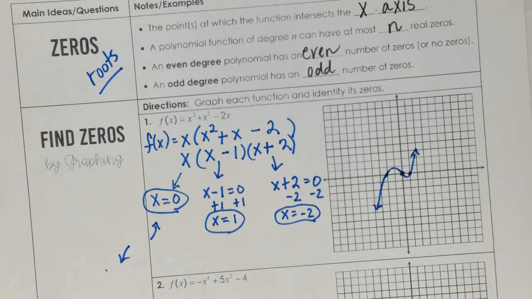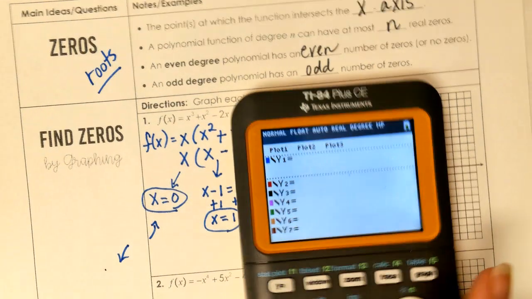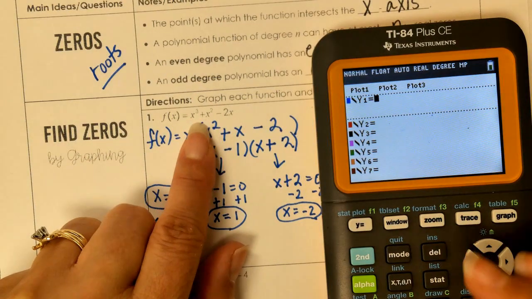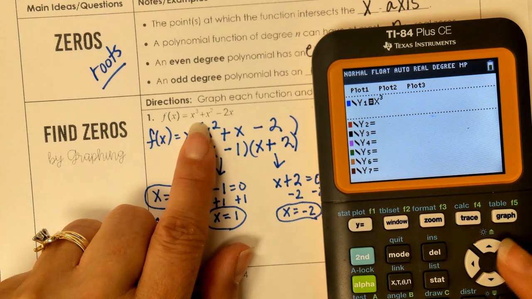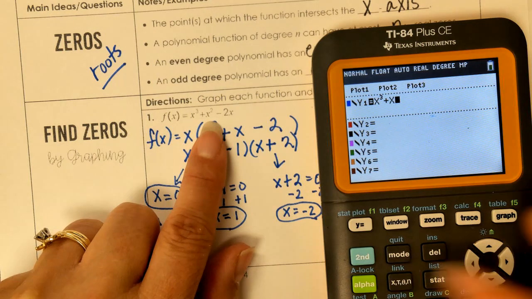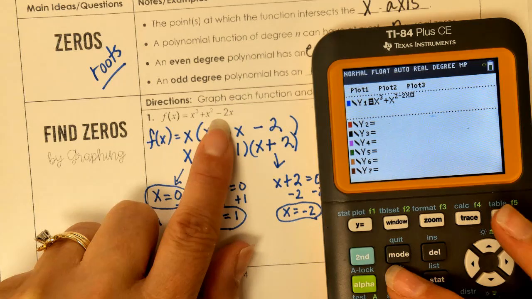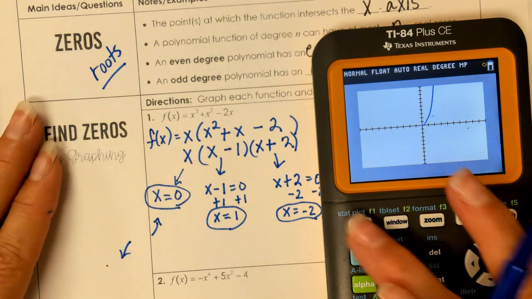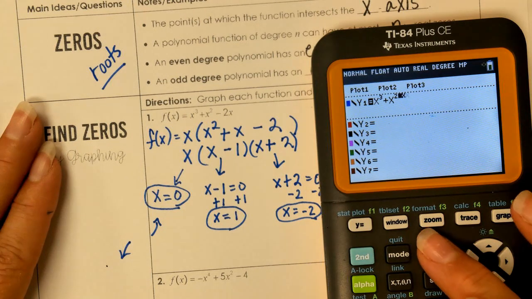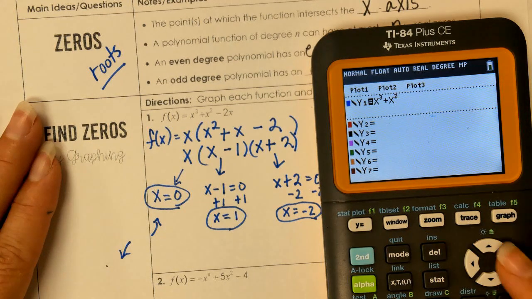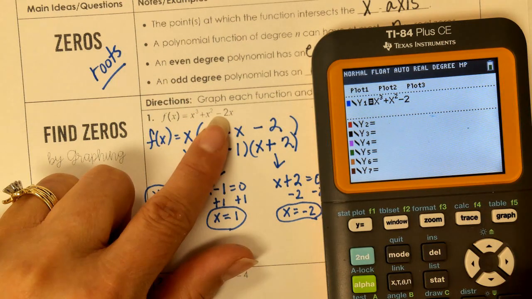We can go to our calculator and actually type it in so that you can see what the real graph looks like. So I went to y equals, and I'm going to type in the original equation that it gave us. And I'm going to press, that was not right. Sorry, guys. I did not get out of the exponent when I was typing.